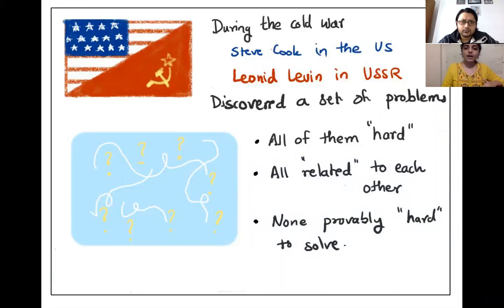They were incapable of solving them efficiently, and they showed that they are all related to each other. So all these important problems either simultaneously will work out or simultaneously will not work out. And on top of that, the bad news is that they are all hard to solve. They called all these problems NP hard problems, and even today we don't know how to solve them efficiently.